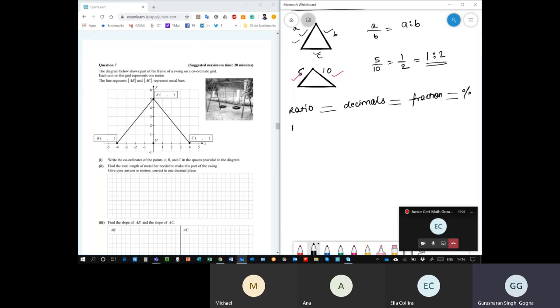For example, 1:2 is the ratio. I can write down 1:2 as 1/2 as a fraction. I can write 1/2 in decimals, which is 0.5. And if you multiply the decimal by 100, you can get the percentage, which is 50%. So all of them represent the same thing, but it depends on the type of problem or the type of question.